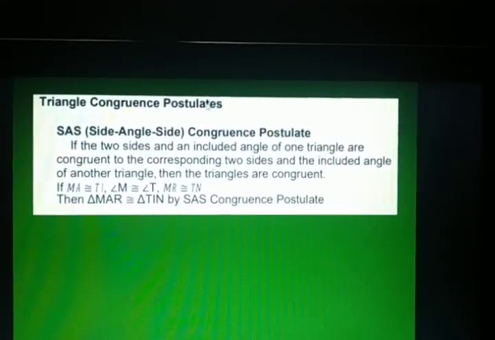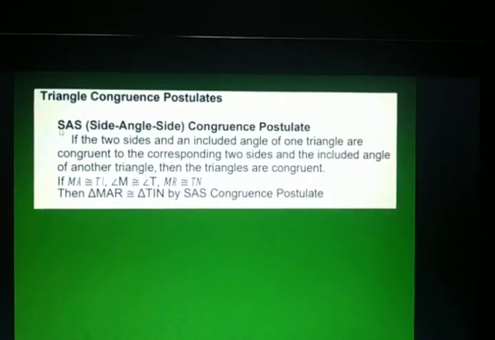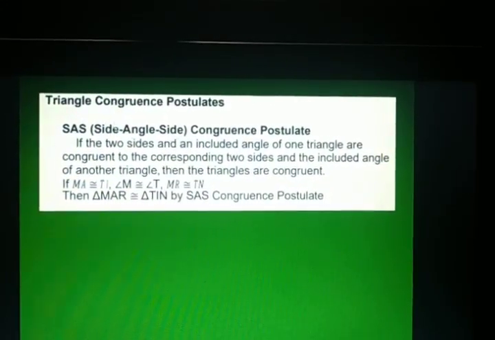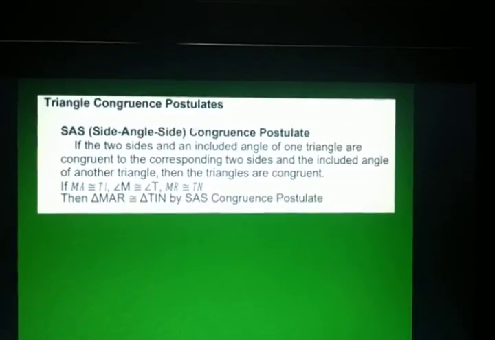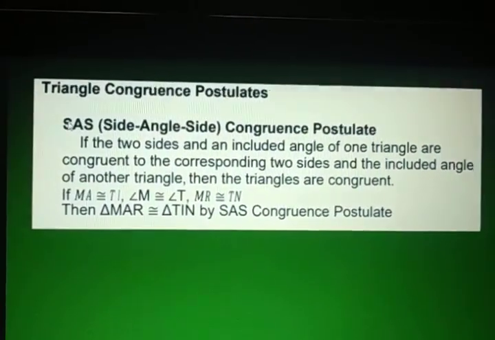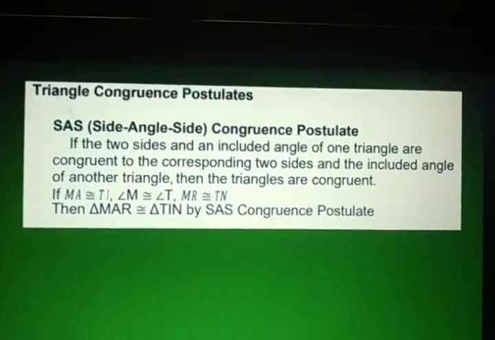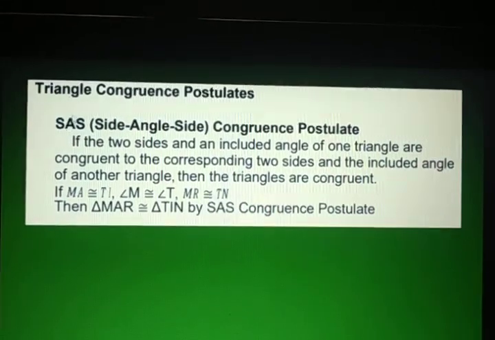Triangle congruence postulate. Let's first discuss SAS or side angle side. SAS stands for side angle side congruence postulate. Don't worry kay hindi ka mo magkalipat sang SAS, kay SAS pa lang daan meaning side angle side. Makita nyo na nga may included angle.